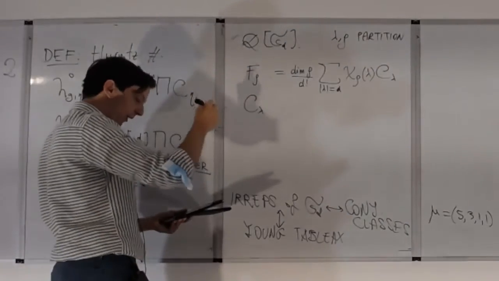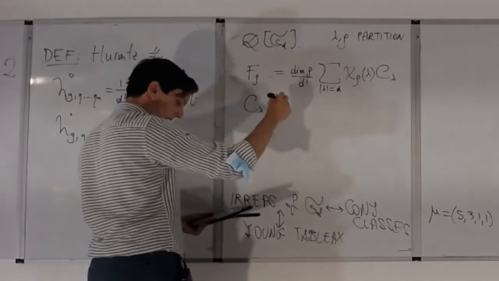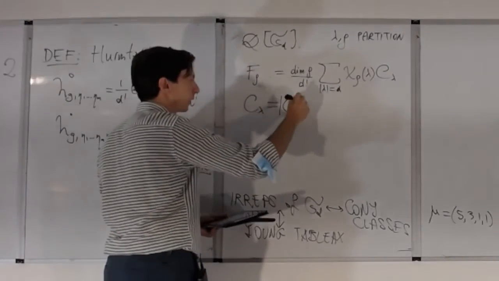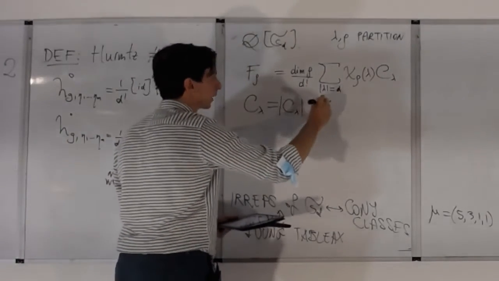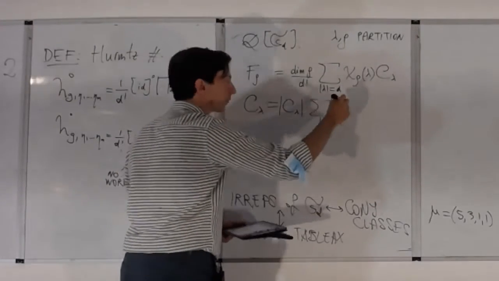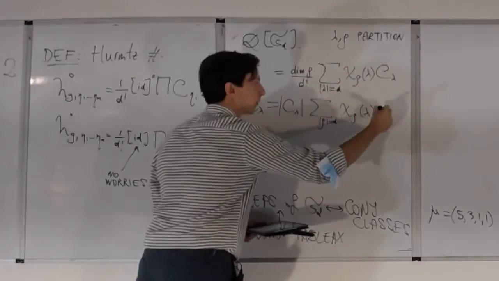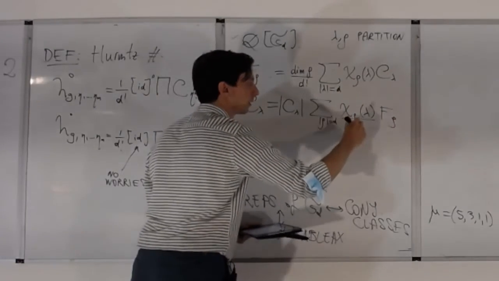And you can invert this: C lambda turns out to be the cardinality of C lambda times the sum over rho, partitions of d, of the character chi_rho(lambda) times F rho, times the dimension of rho.